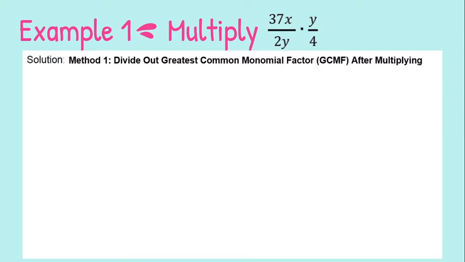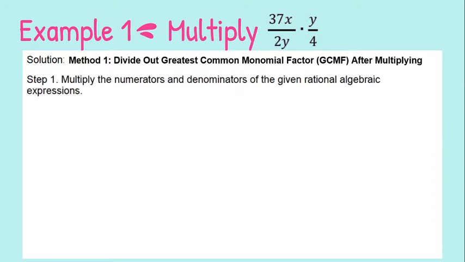There are two methods in multiplying rational algebraic expressions. In this example, we're going to use method 1, which is to divide out the greatest common monomial factor, or the GCMF, after multiplying. For step 1, multiply the numerators and denominators of the given rational algebraic expressions.